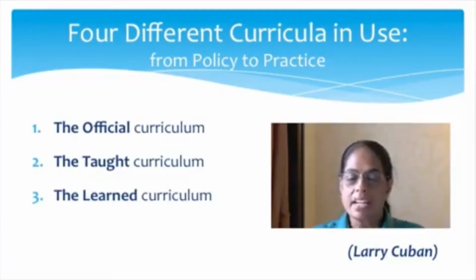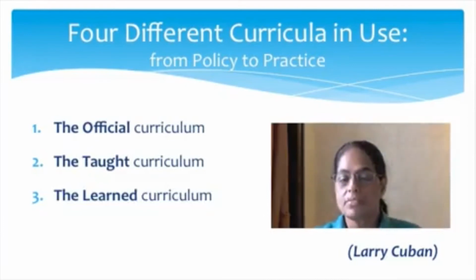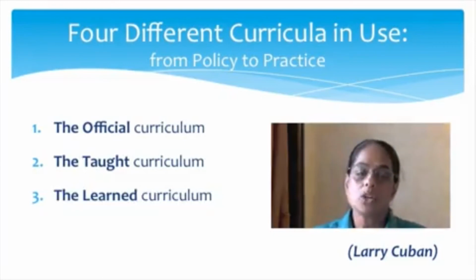And the learned curriculum is more expansive and inclusive than the overtly taught curriculum. It is beyond the content learning. Students also learn many unsuspected, unspecified lessons that are embedded in the environment.